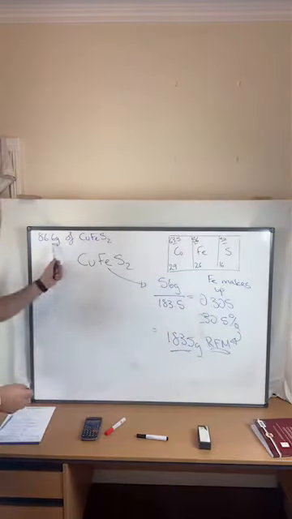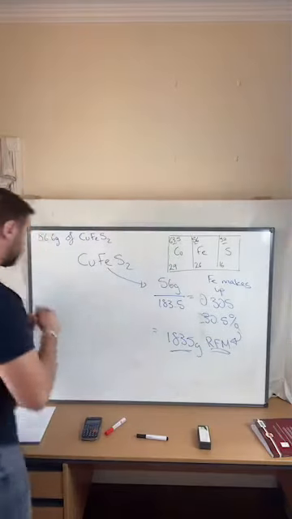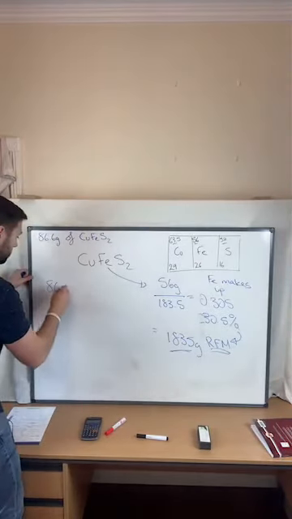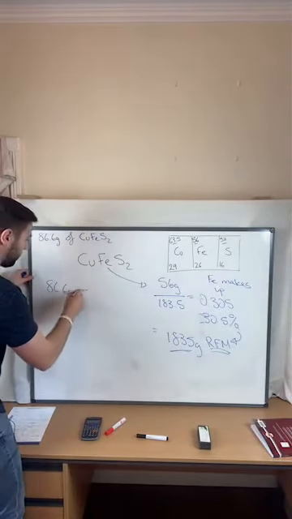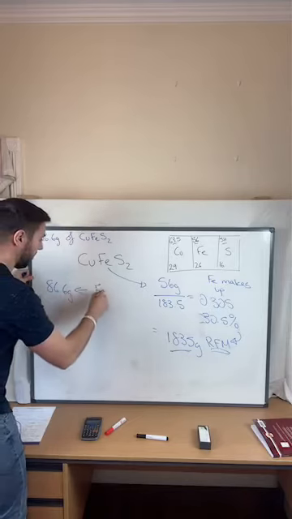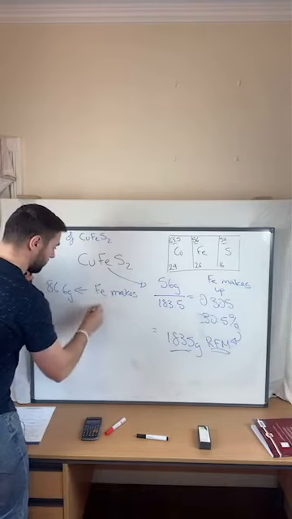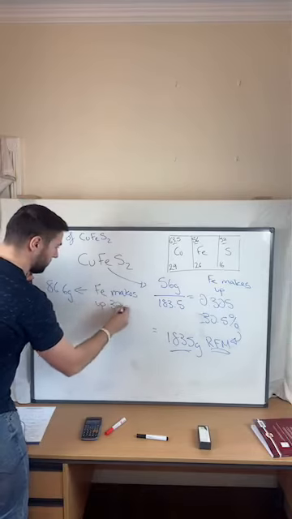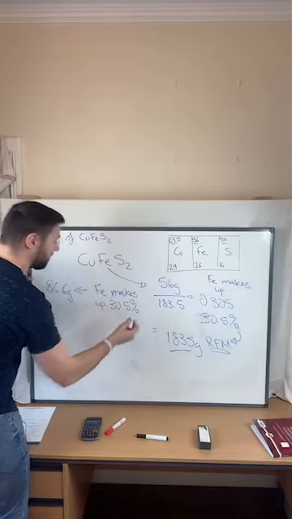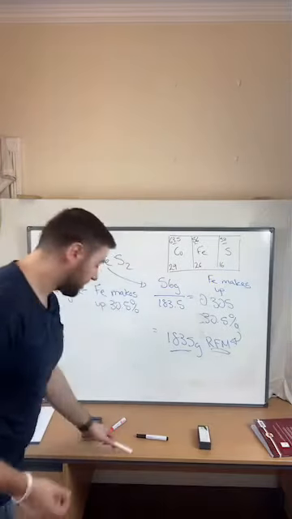Which means of the 86.6, Fe, the iron, makes up 30.5% of the 86.6.